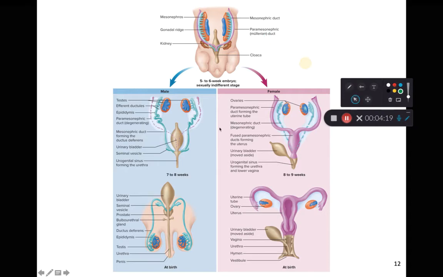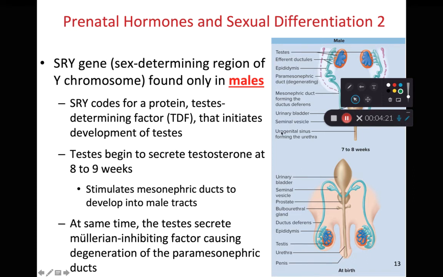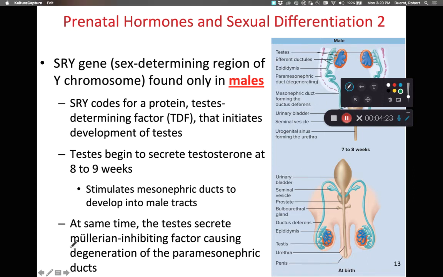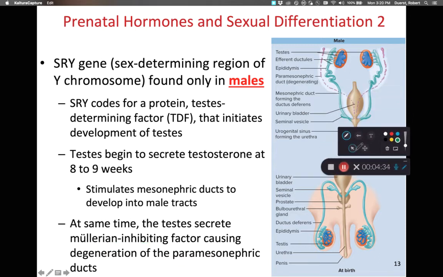But that term hasn't been updated quite yet. So we're still going to refer to it as the Mullerian inhibiting factor. It's a chemical that's going to cause the degradation of the Mullerian duct or the paramesonephric duct that would typically have developed into the female reproductive tract.